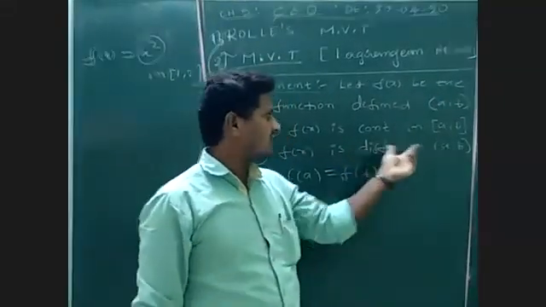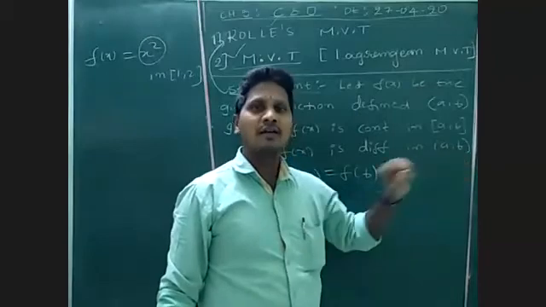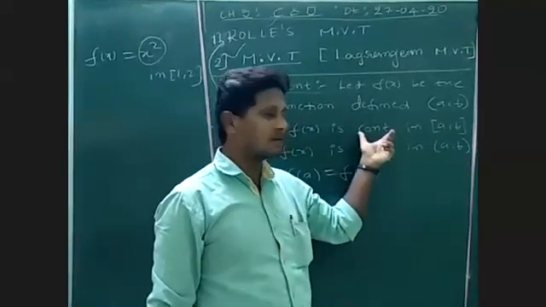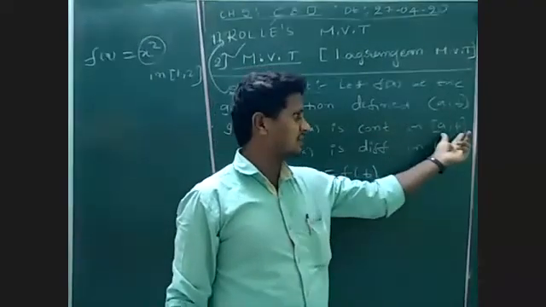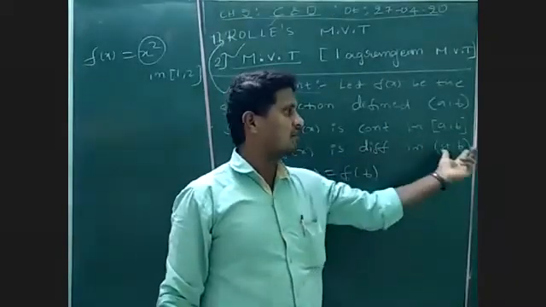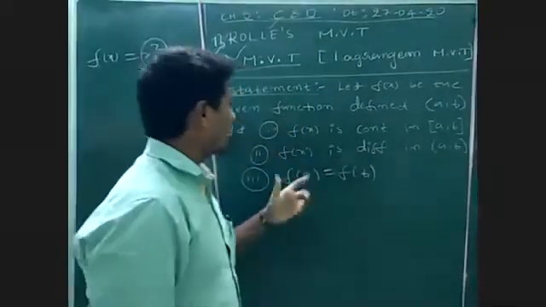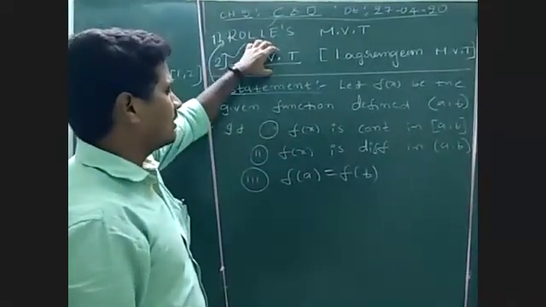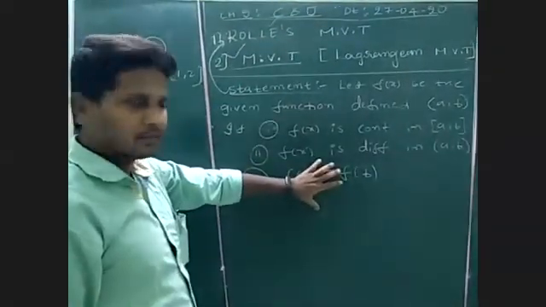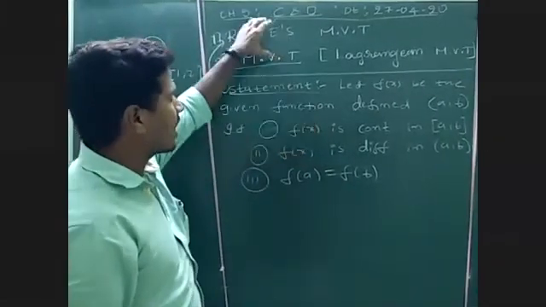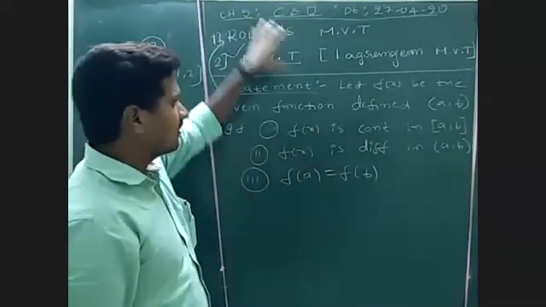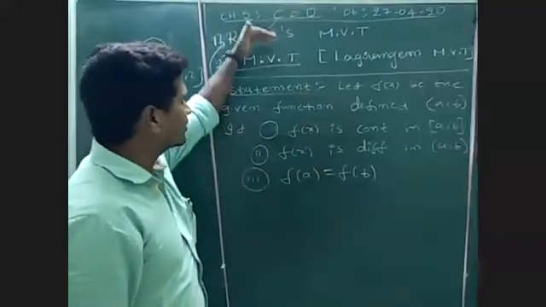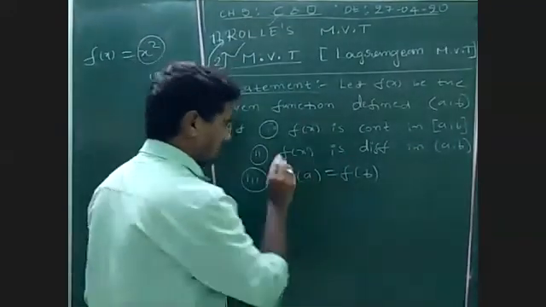If you take differentiable in the closed interval, wrong. So you must remember: continuous always in the closed interval, differentiable always in the open interval. And this third condition is only for Rolle's. In the mean value theorem, we don't have the third condition. I said the first 2 conditions are common for both theorems; everything is the same, and only in Rolle's theorem do we have the third condition. Okay.